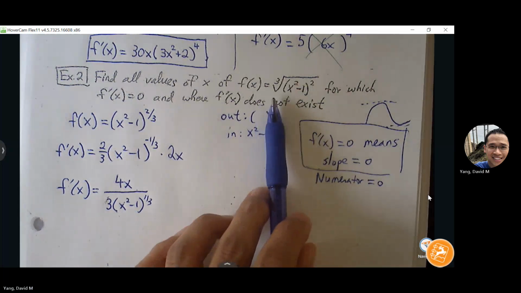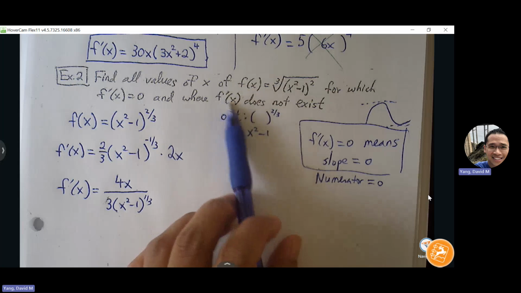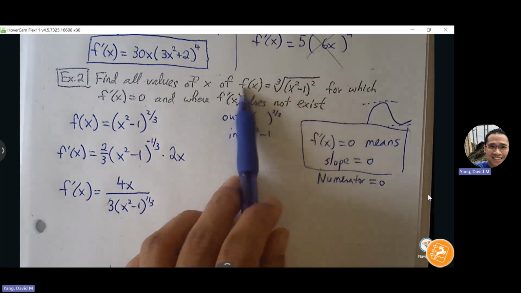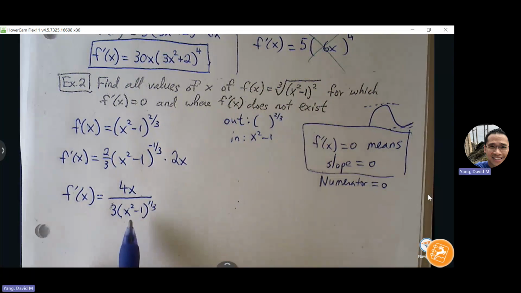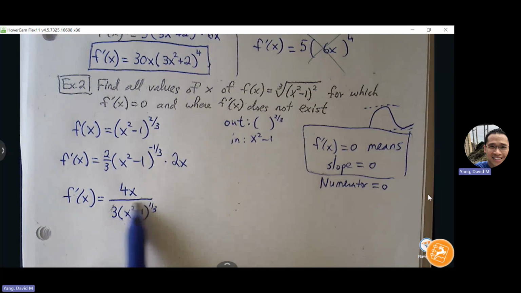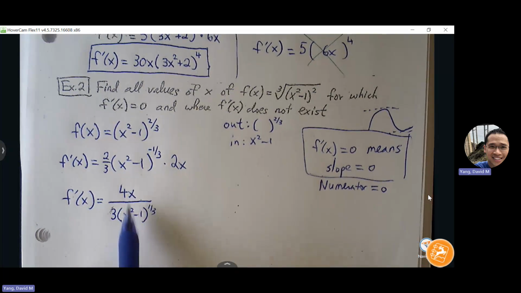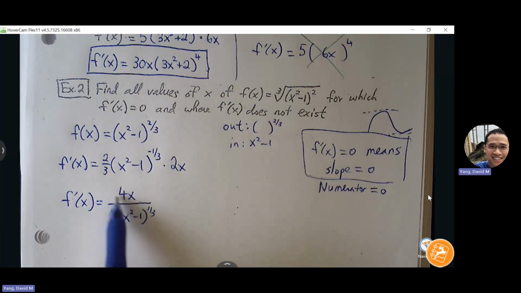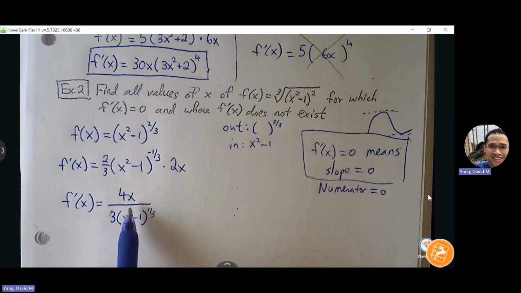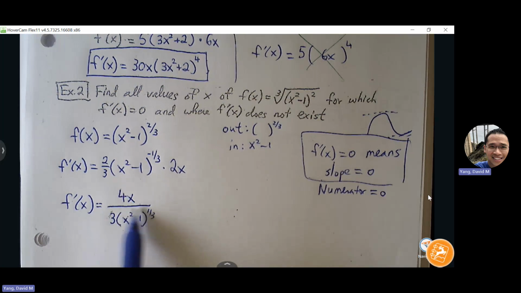Now, in that vein, where do you think we can find where f prime does not exist, or where the slope does not exist? Good. We set the denominator to 0, because whatever causes the denominator to be 0 is where my slope is undefined, because I can't have a 0 in the denominator. So if I want to find slope 0, I set the numerator equal to 0. If I want to find a place where the slope is undefined, such as a vertical tangent, I set the denominator equal to 0.